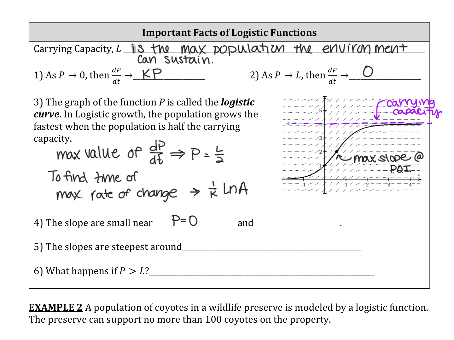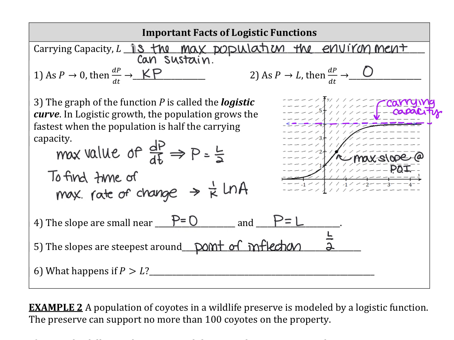They're small as we approach P equals 0, and they're small as we approach P equals L. If we look at this graph, that makes sense. We have small slopes here, the slope gets steeper, steeper, steeper, and then it starts leveling back out. The slopes are steepest at the point of inflection. That's where it will grow the quickest, when P equals L over 2, half of that carrying capacity.